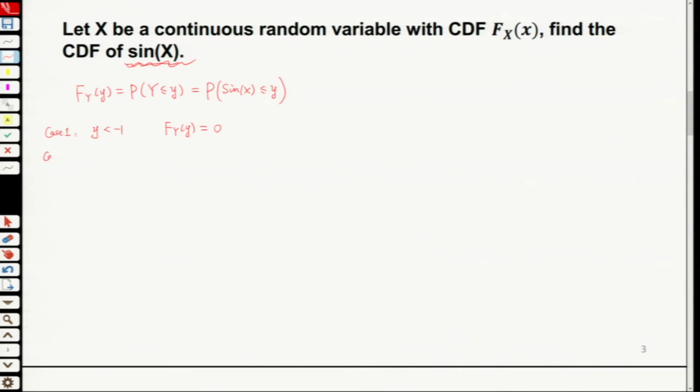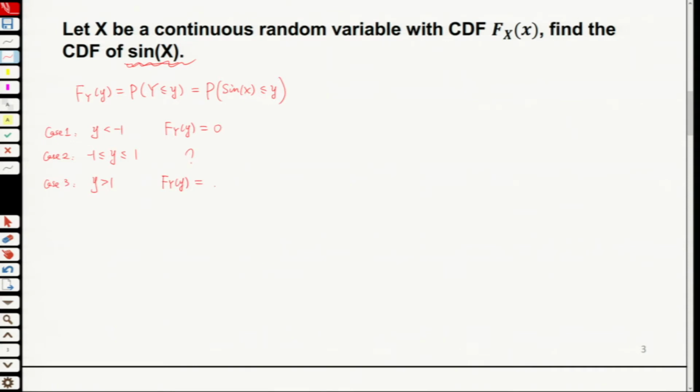Second case, y between -1 and 1. This one we need to find out. And the third case, case 3, y greater than 1. Then what is the value? Suppose y equals 2.